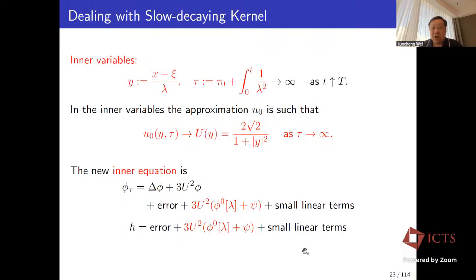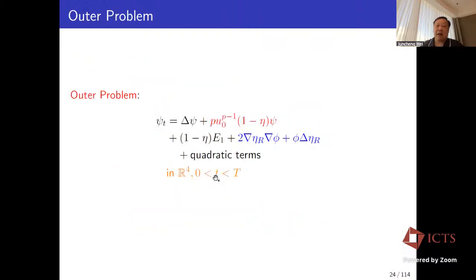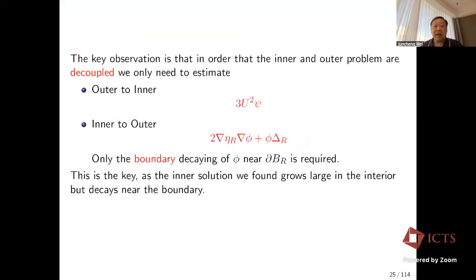Let's call all these terms H. And then this is the outer problem, where we have the cutoff function. So outer to inner is this, and inner to outer is this.